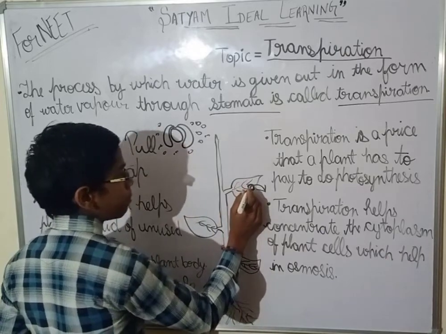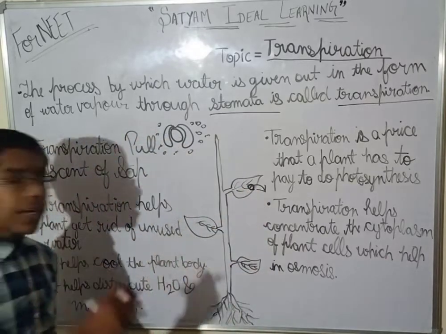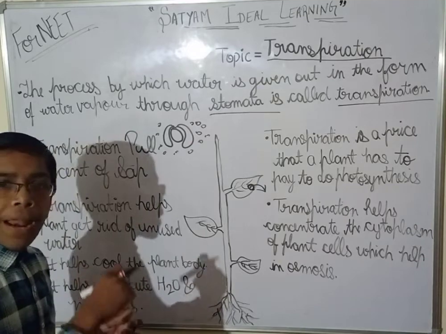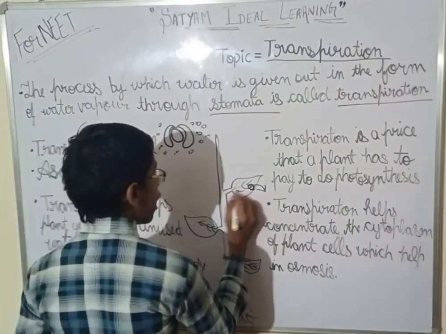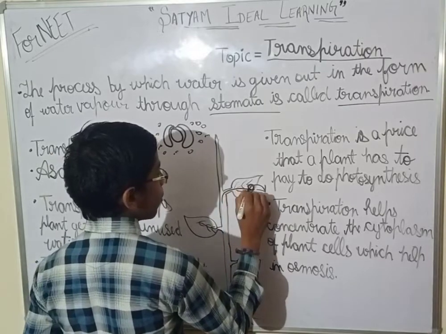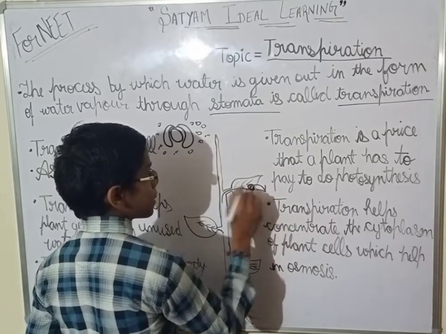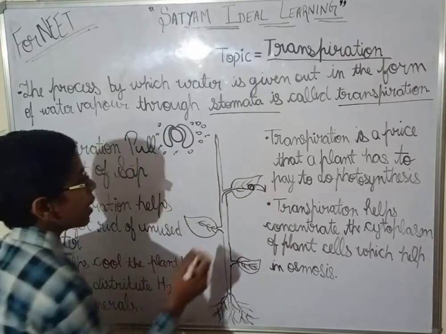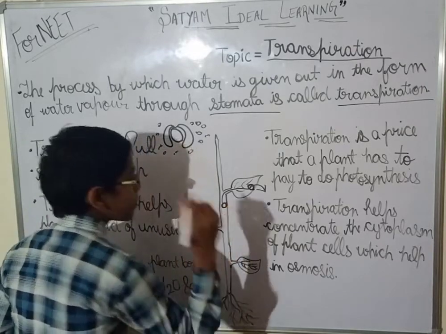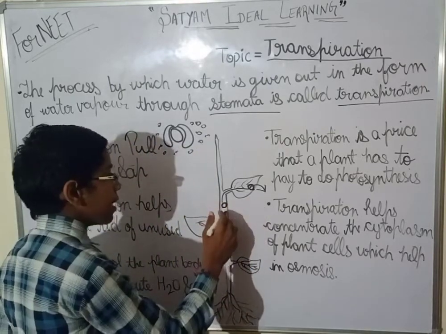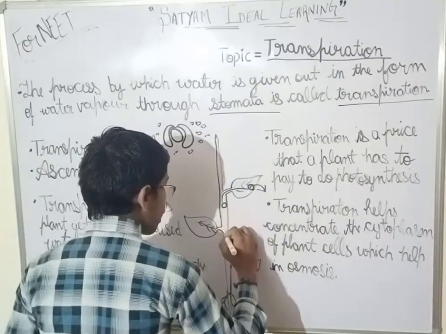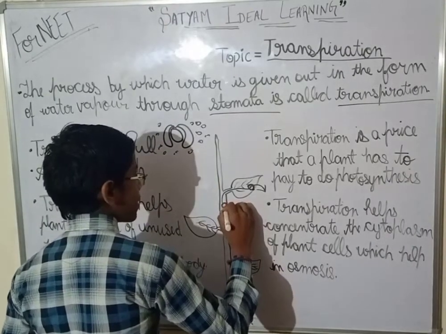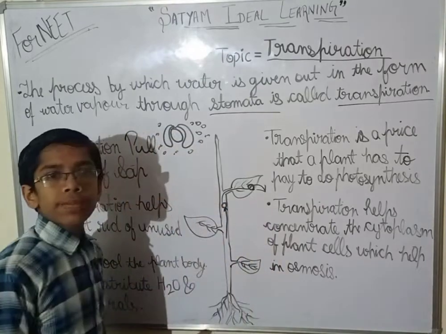To cover this space, the plant will suck water from downwards. It will come from here and cover this space with water and minerals. Now there will be a space again. To cover this space, the plant will suck water and minerals from the xylem. Now it will come from the stem to cover this space.